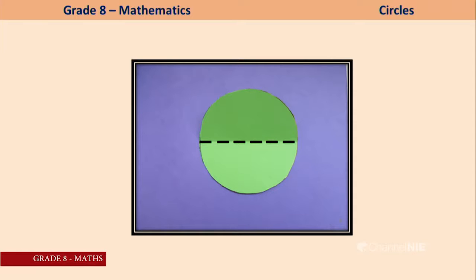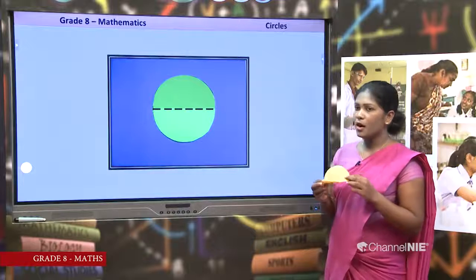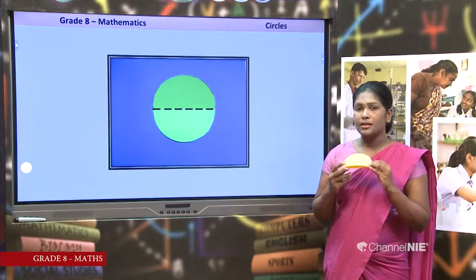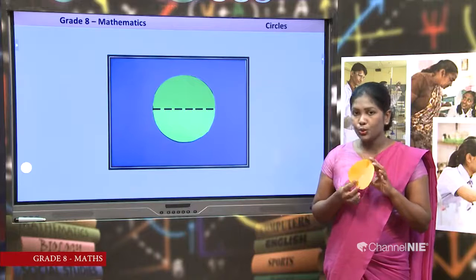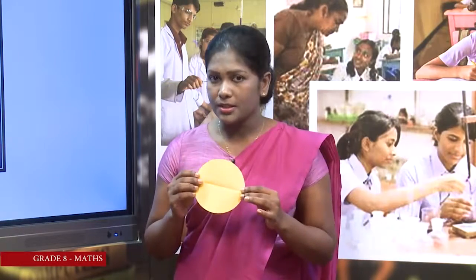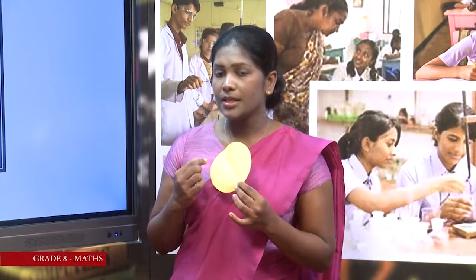Okay. Now again you have to divide this circle into 2 equal parts, but in a different way. And then unfold it and draw this fold line.